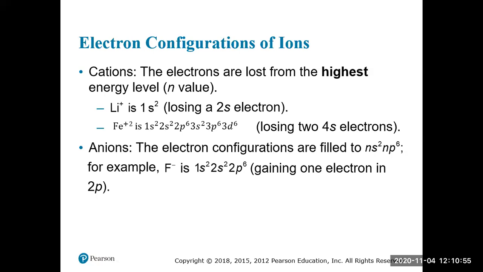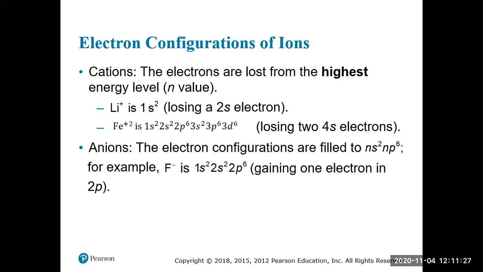So cations, once again, are positively charged, so you're losing electrons. Those electrons are lost from the highest energy level, in other words, the highest n value when we look at our electron configuration. Anions, if we have an anion forming, then that means it's picking up electrons, it's gaining electrons. And so the electron configurations are filled to ns2 and np6.